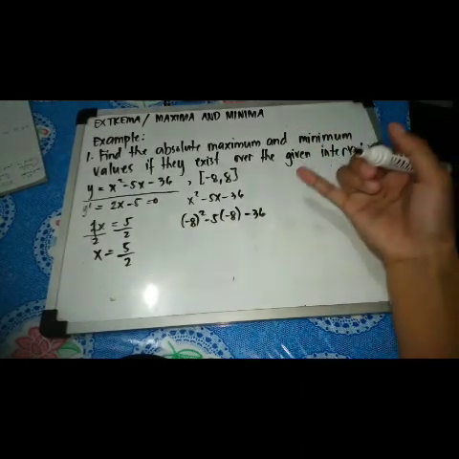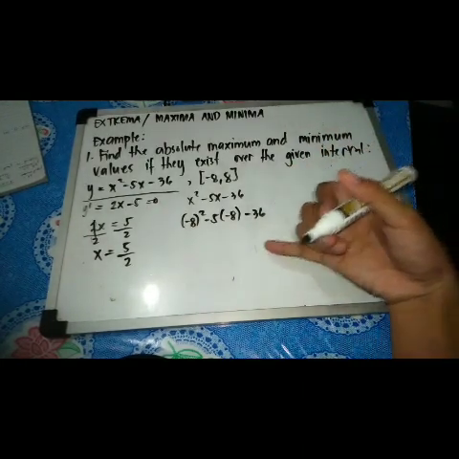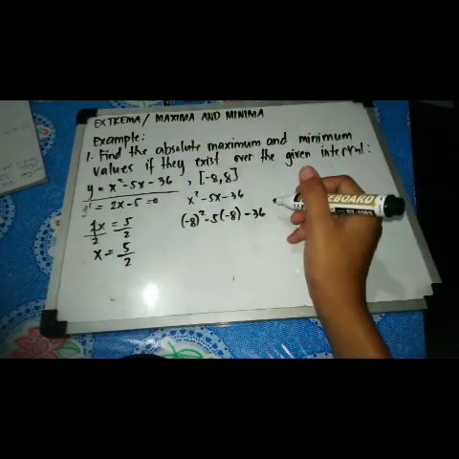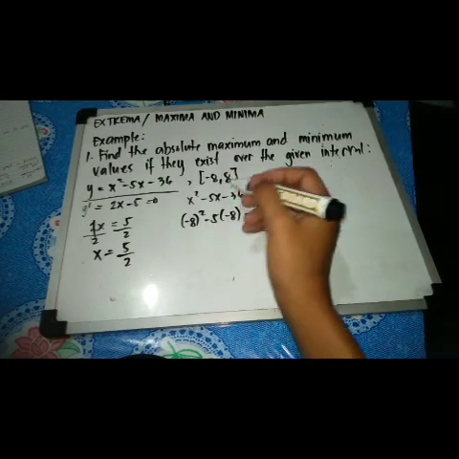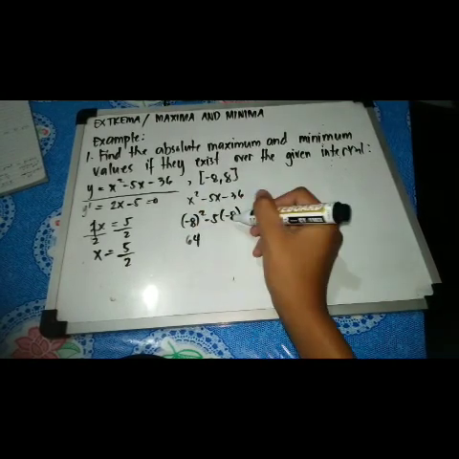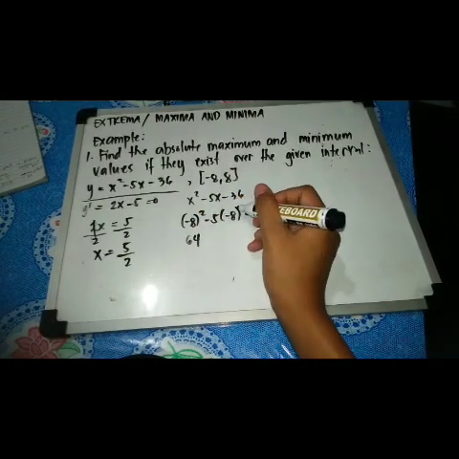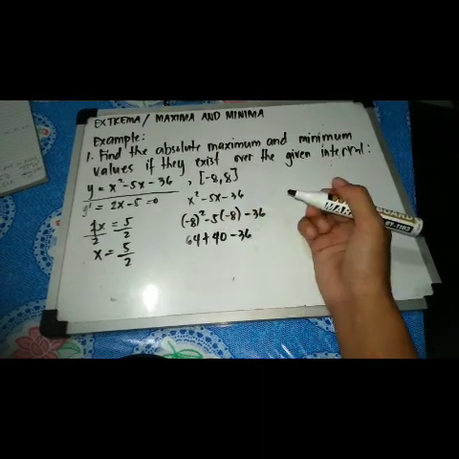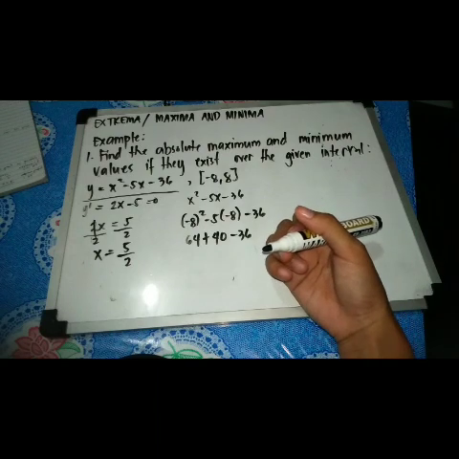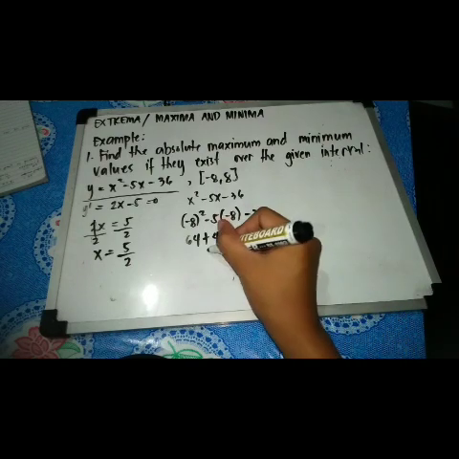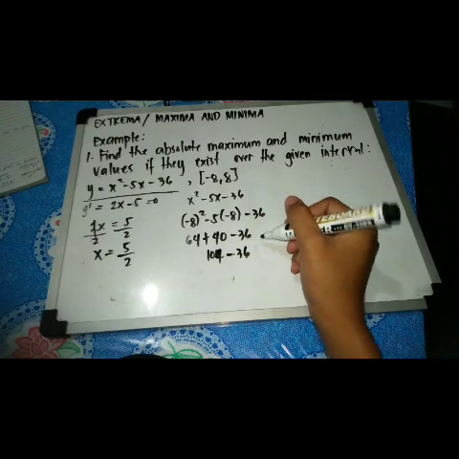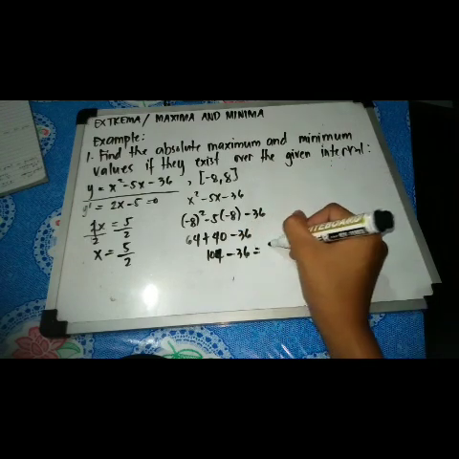To determine the absolute maximum and minimum, we need to substitute the values using the given interval. So -8 squared is positive 64. -5 times -8, we have positive 40, minus 36. So when you add 64 and 40, the result would be 104. 104 minus 36, we have 68.